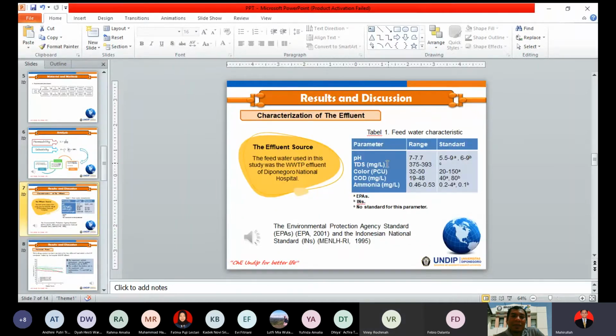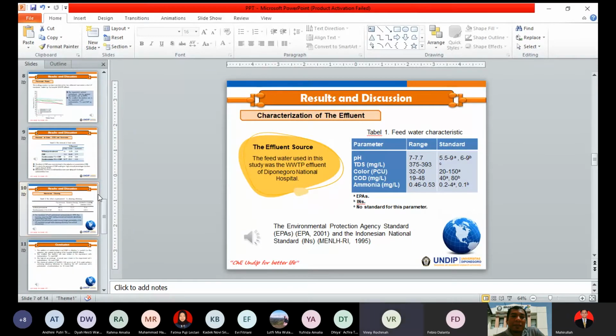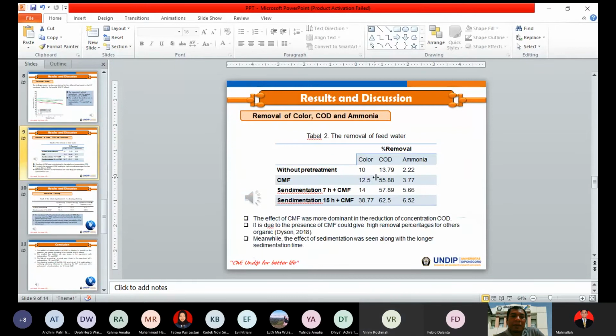But if we can see here, back to table number 2, we can see from your color change, meaning that when you did the CMF in combination with sedimentation for 15 hours, you have almost 40% removal of the color, meaning that the TDS removal is effective.